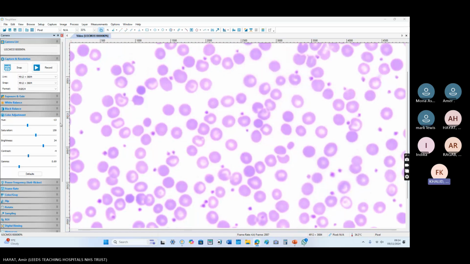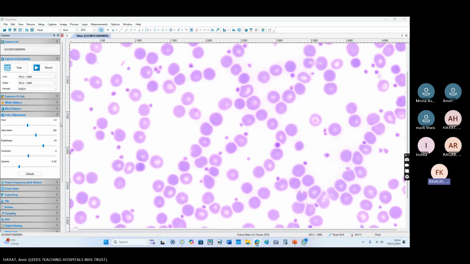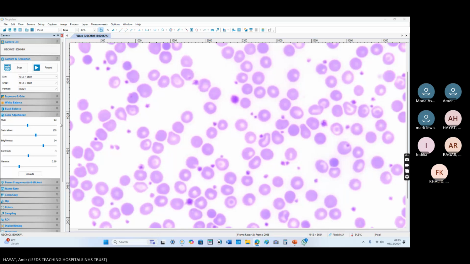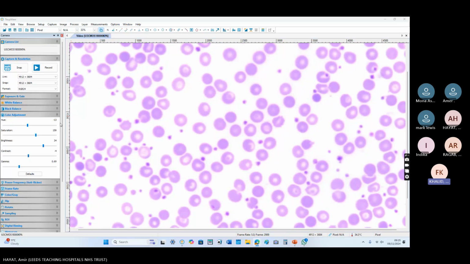Spherocytosis doesn't add up to the picture, to be very honest. There are lots of target cells. At least from what I can understand, this looks like a giant platelet somewhere. Yeah, there are giant platelets in there. Is the DCT and bilirubin, what are they like? The DCT was negative, and the bilirubin and liver function test are normal.